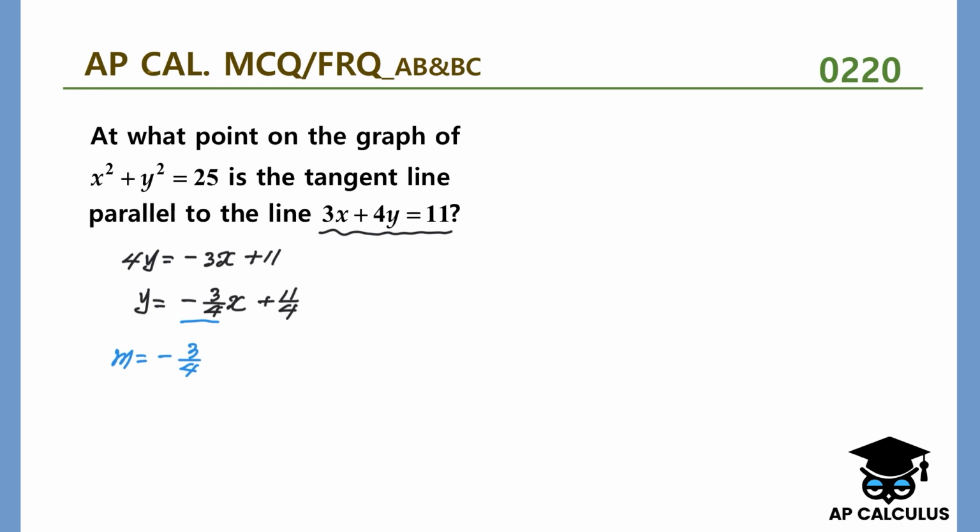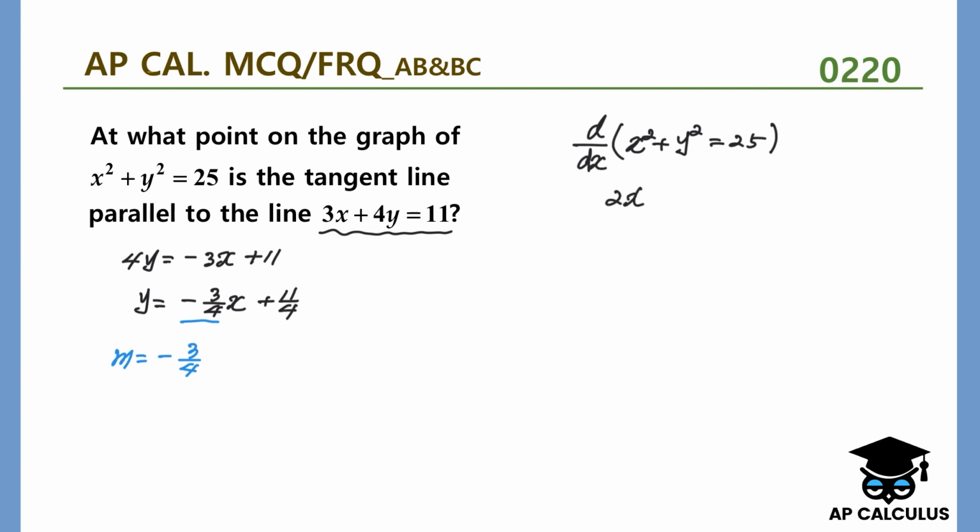So let's find the slope of tangent line to this graph right here. Okay, we're going to do the implicit differentiation. We have x squared plus y squared is equal to 25. So let's differentiate this with respect to x.